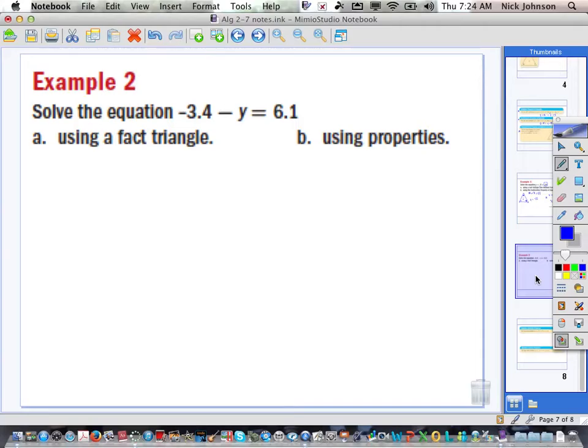Example 2, solve the equation negative 3.4 minus y is equal to 6.1. Same thing. If you notice here, here's my negative sign, so that's what you've got to be careful with. You've got to draw your triangle.